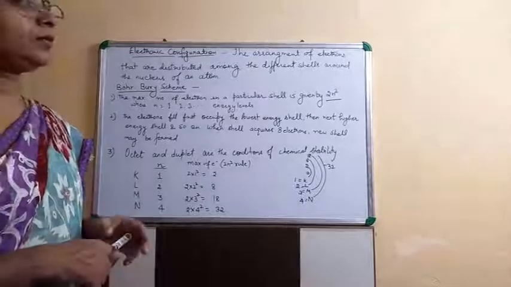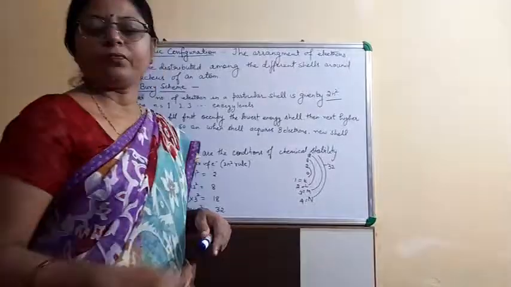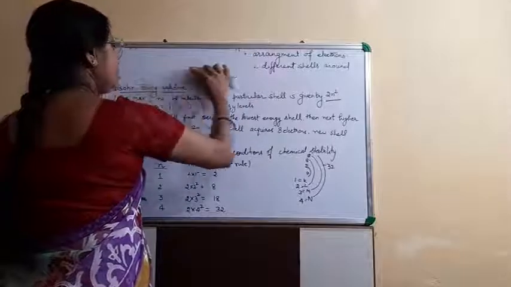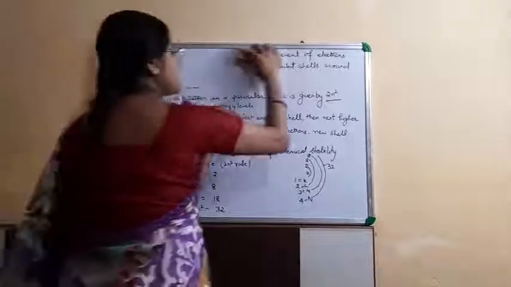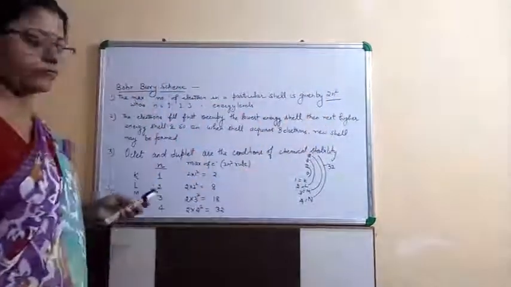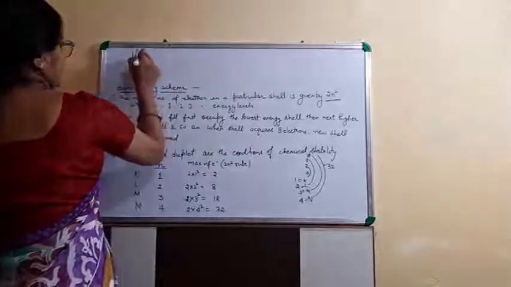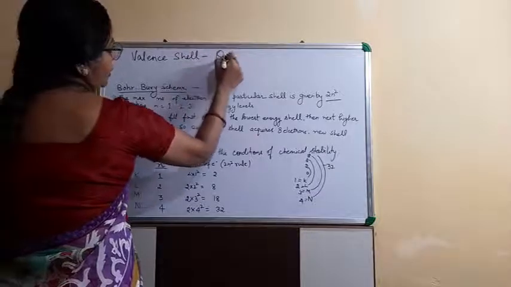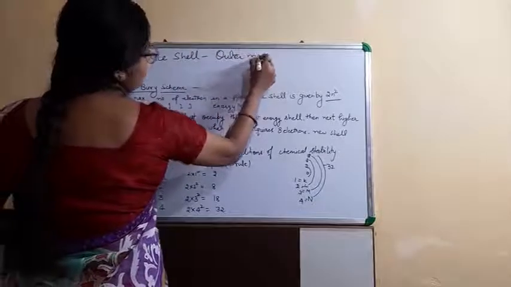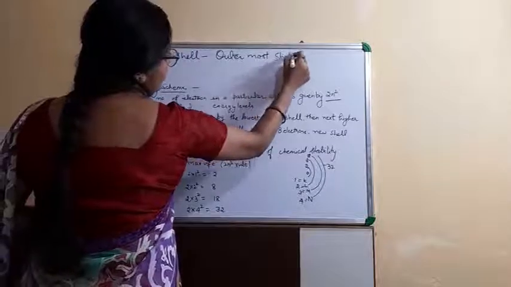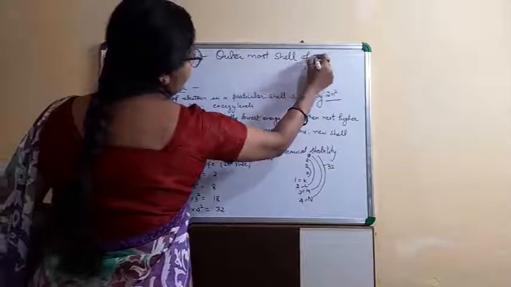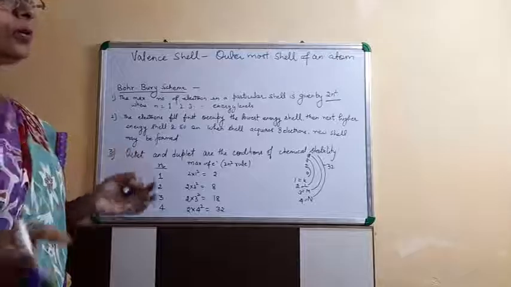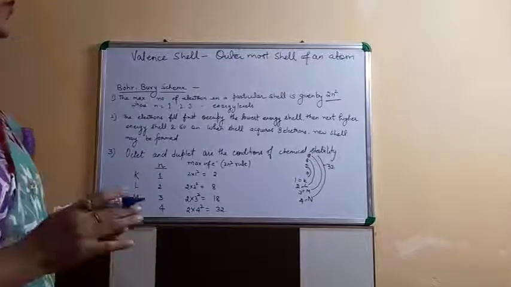Now next is valence shell, valence electron and valency. What is valence shell? The outermost shell of an atom is known as the valence shell.